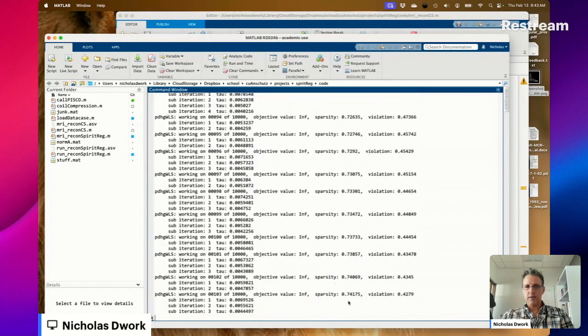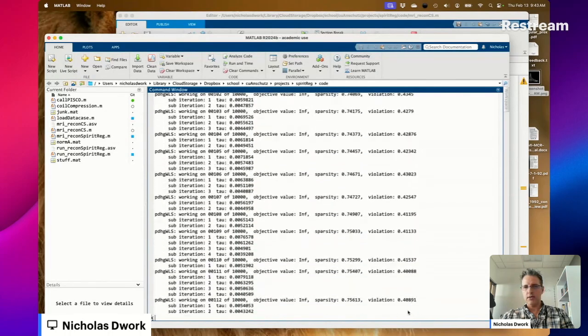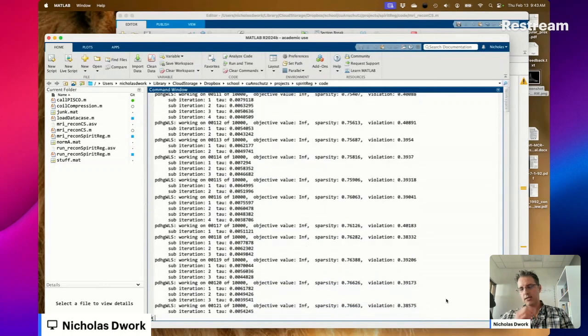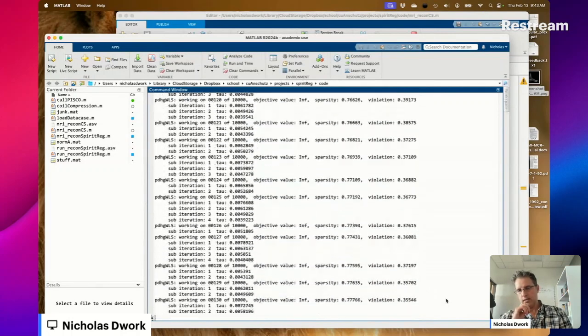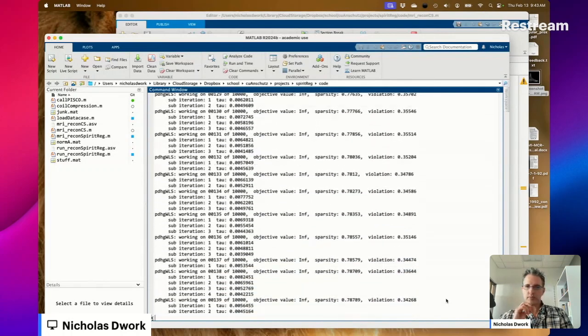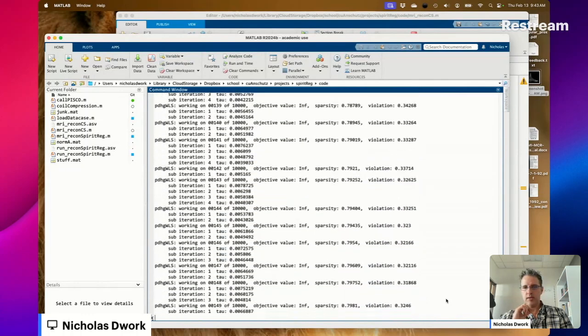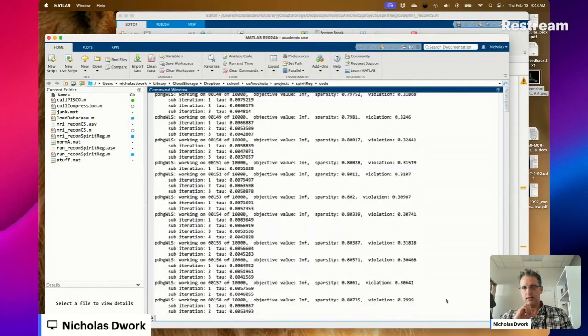I'd only expect the sparsity to start going down after the constraint has been satisfied to a good degree.